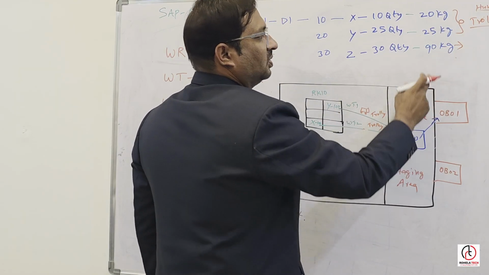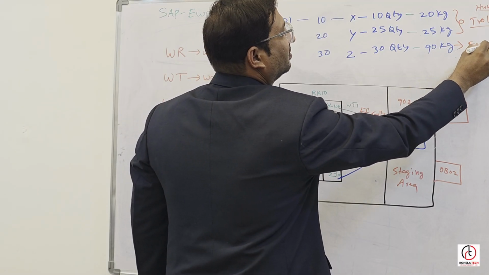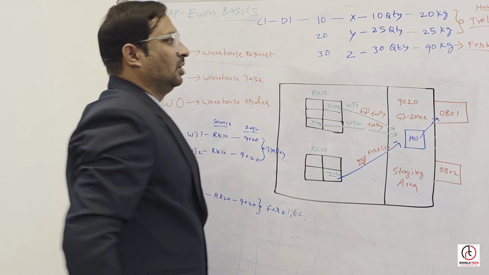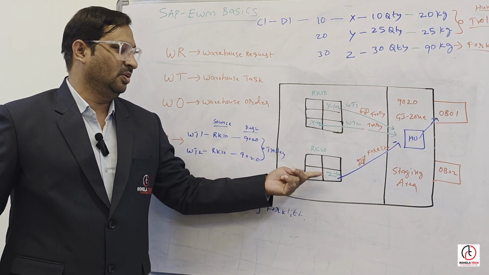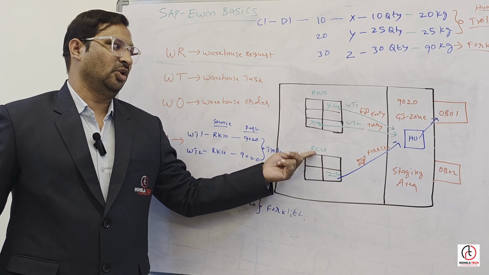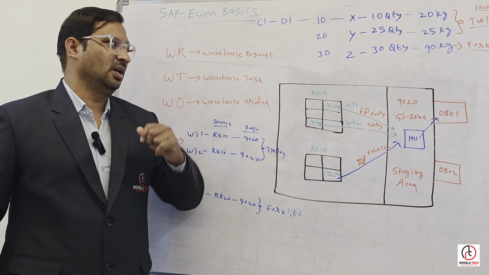The 90 kgs weight can be picked by forklift. Okay. So let's say X and Y materials are available in RK10 and Z material is available in RK20. So heavy items are in RK20, light items are in RK10.